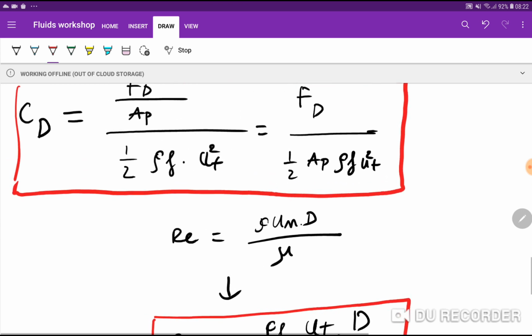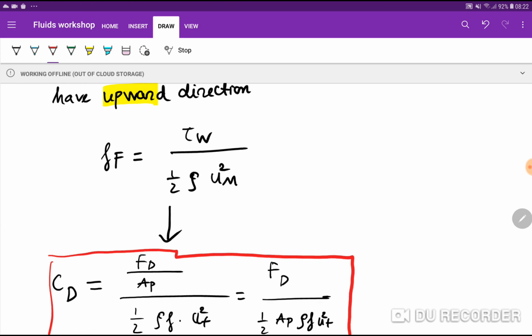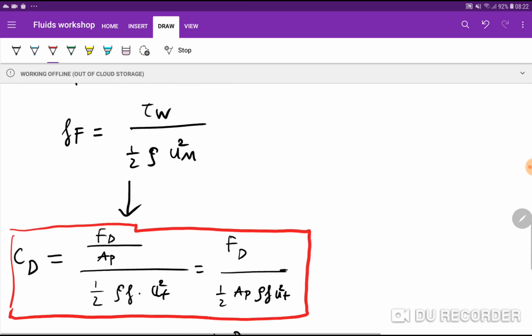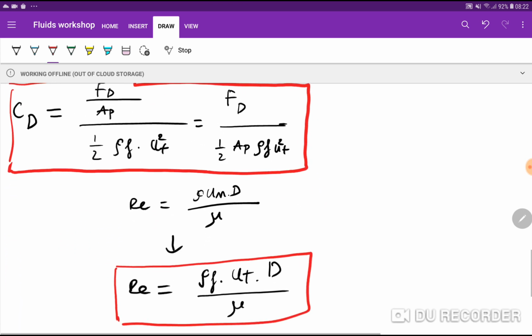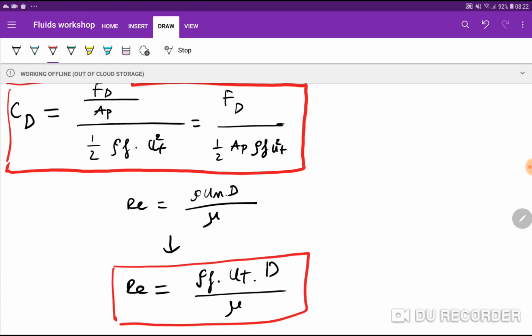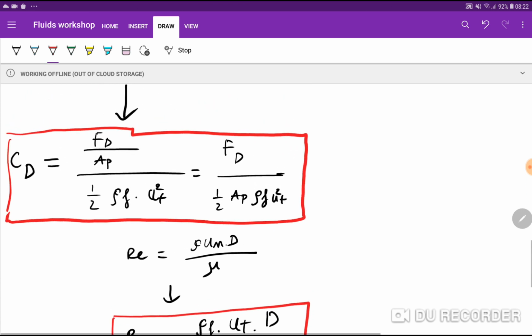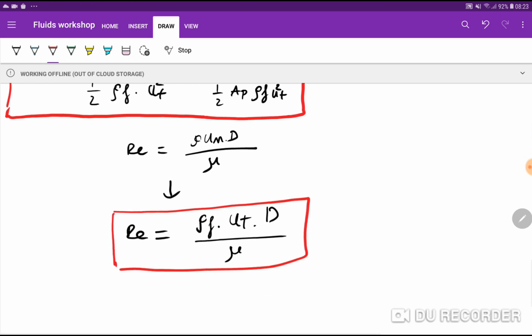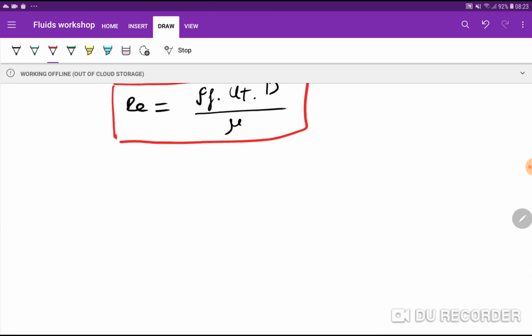That is the new formula. As you can see, it's very similar to the Fanning friction factor and the original Reynolds number. They just changed a little bit. One introduced the drag force, and one introduced the fluid density and the terminal velocity. So now we have all these formulas in our hands. We can start to solve the problem.